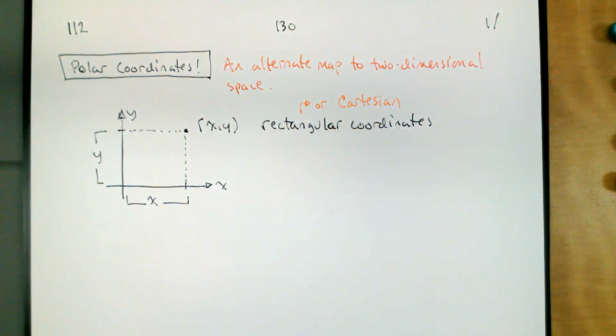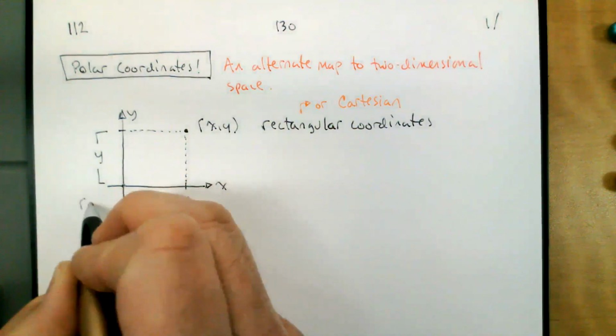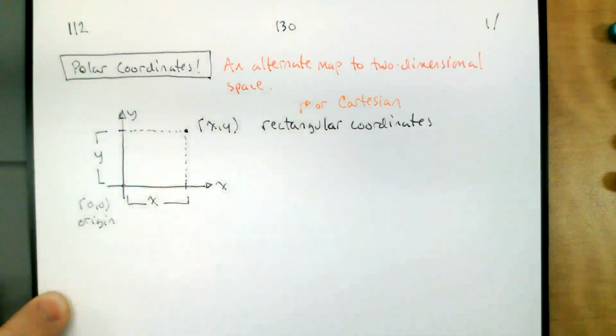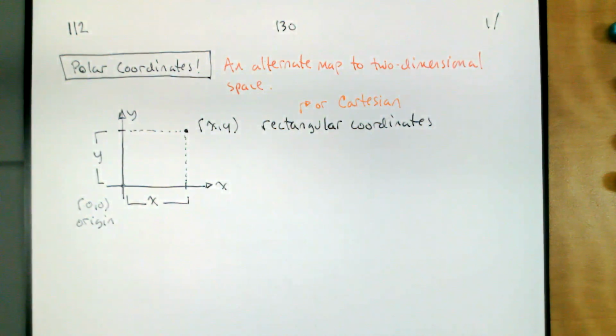So Cartesian coordinates or rectangular coordinates: we're just listing how far this point is horizontally from the origin and how far it is vertically from the origin. Rectangular coordinates that we all know and love, x and y components. Polar coordinates do things differently. Polar coordinates only have one distance.